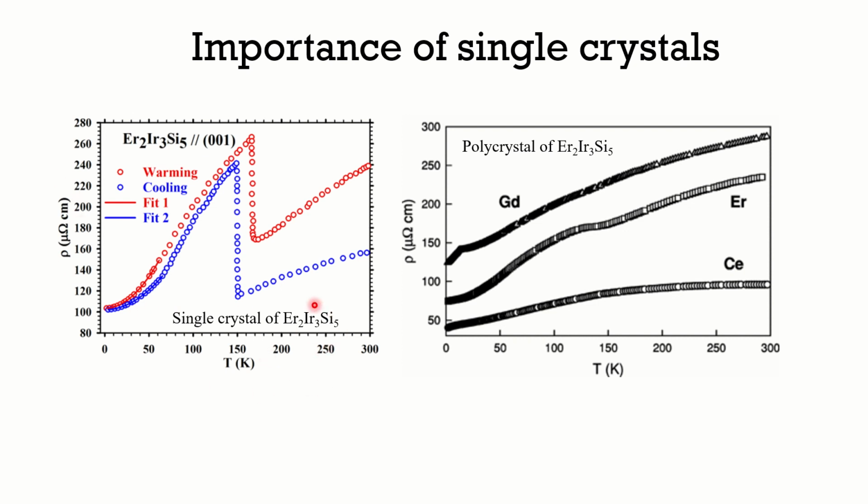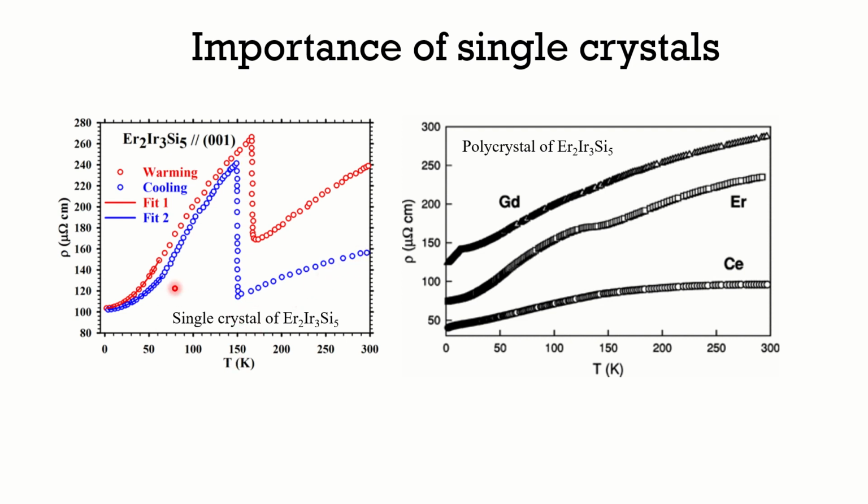This set of measurements has been performed on a single crystal of this sample, Er2Ir3Si5, and this data is on the polycrystal of the same material. There is a distinct difference. There is a sharp transition in resistivity around 150K.